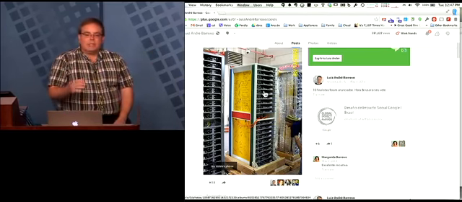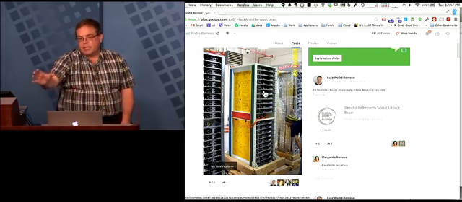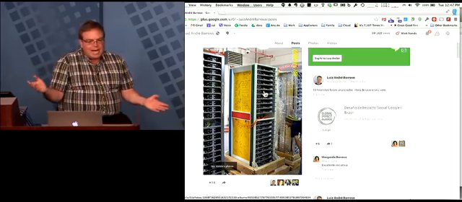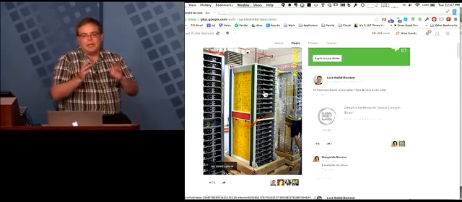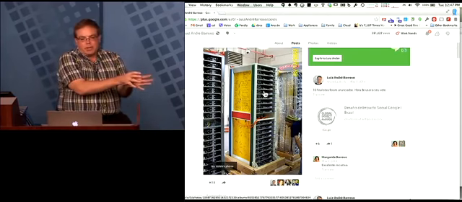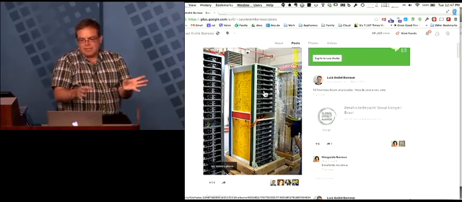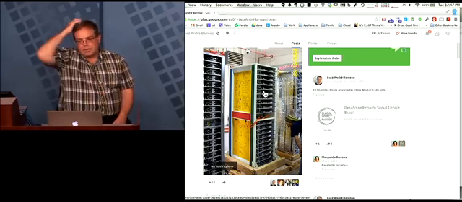So sucking data off of a wire and spooling it to a disk file is not that big of a deal, because what I'm really limited by is the bandwidth of the network at that point. Does that make sense?